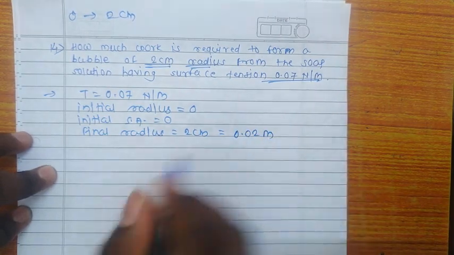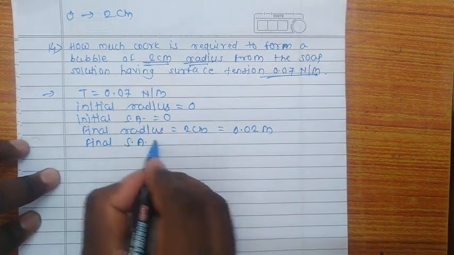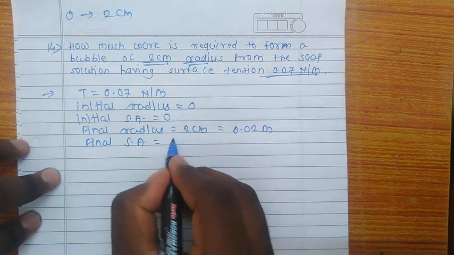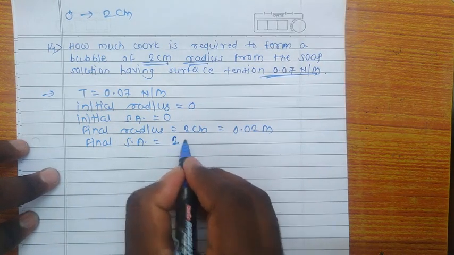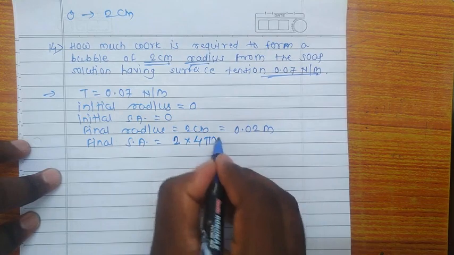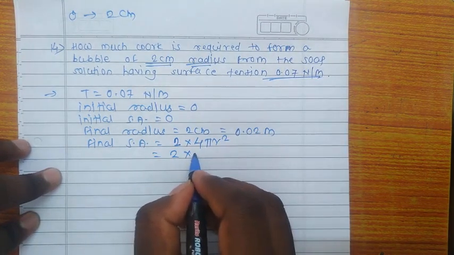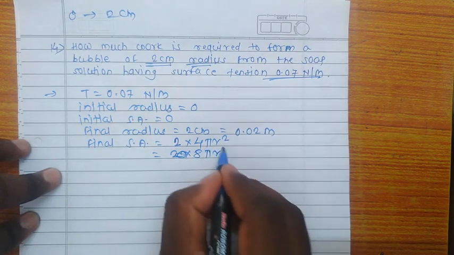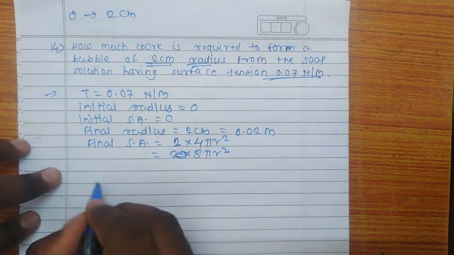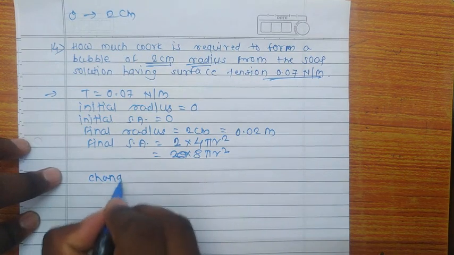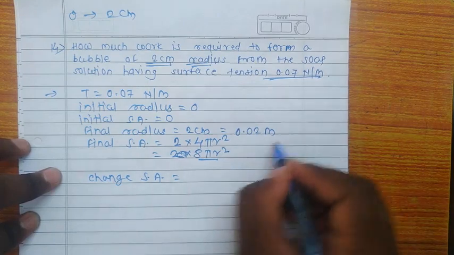Okay, so we will find the final surface area, since bubble has 2 free surfaces in contact with the air, so we will write 2 into 4 pi R square, which will become 8 pi R square. Getting this? So now what is the change in surface area? Change in surface area is going to be final minus initial.